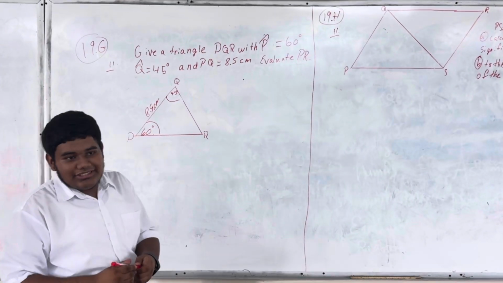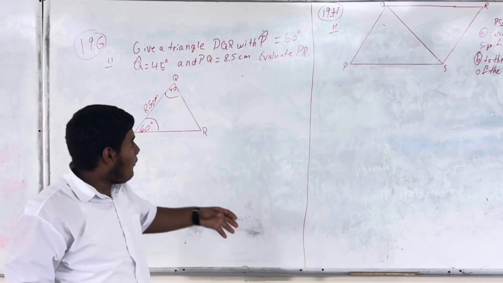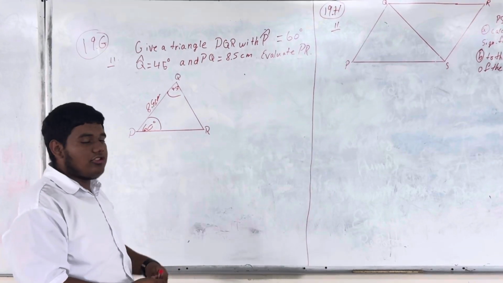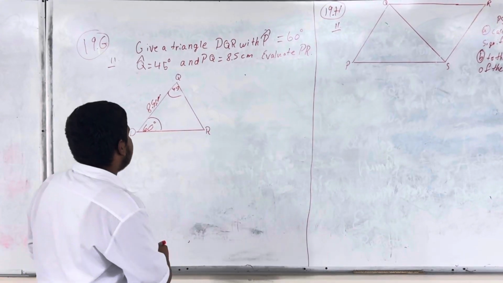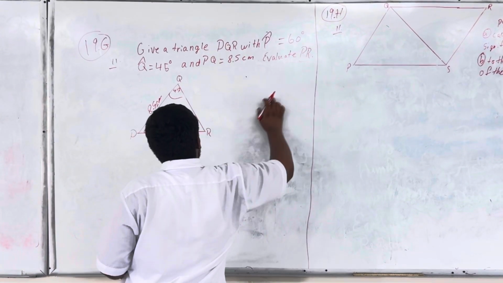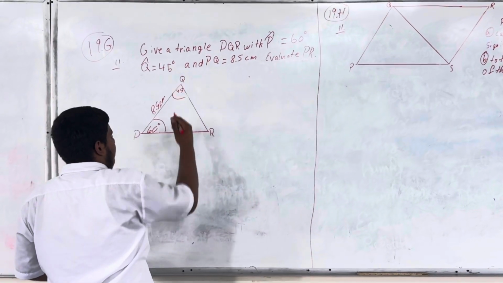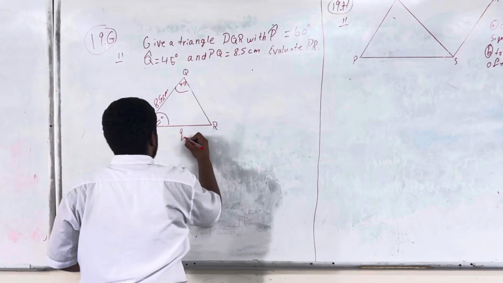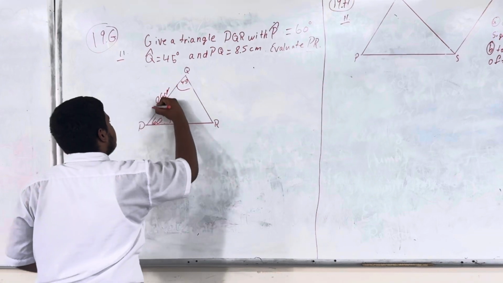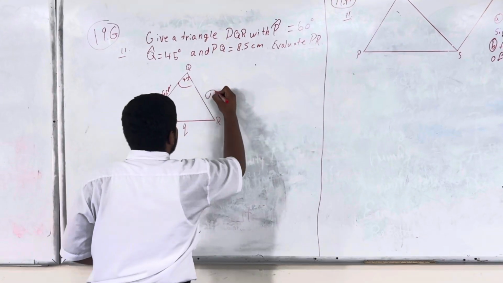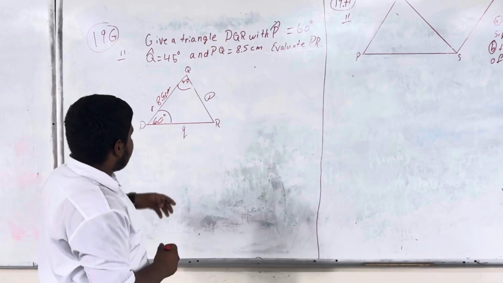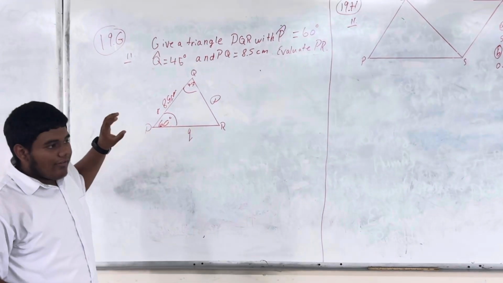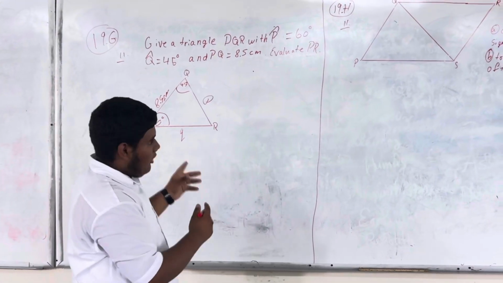For a better understanding and less confusion when solving trigonometry, it's better to use fewer letters. So instead of calling it PR, we could call this small q, across from Q, small r, across from R, small p, across from P. So now from here we can continue to finish this problem.